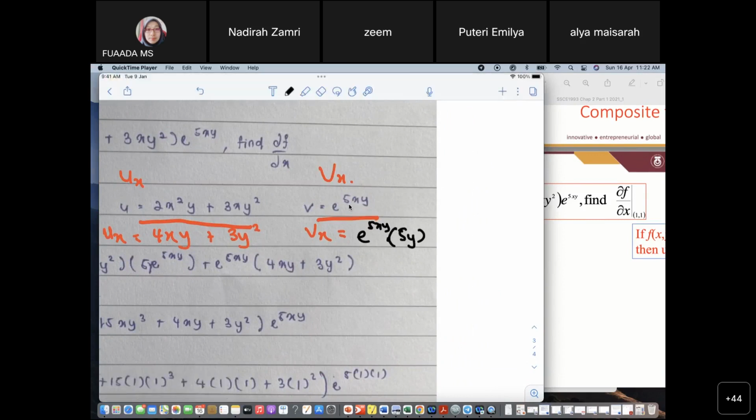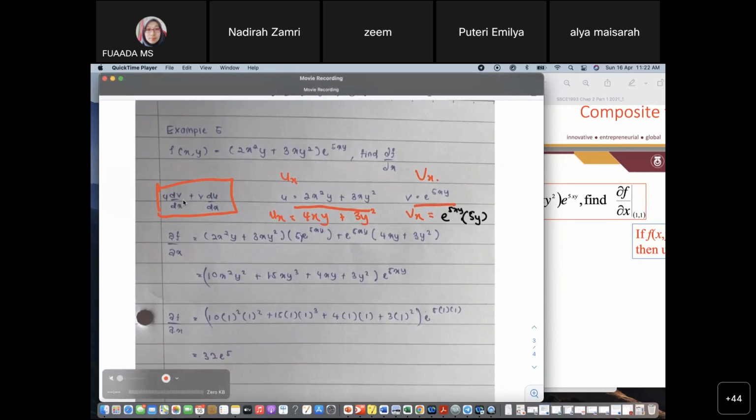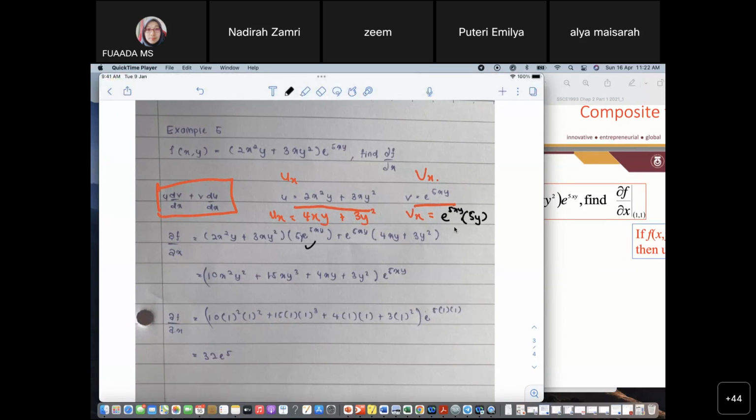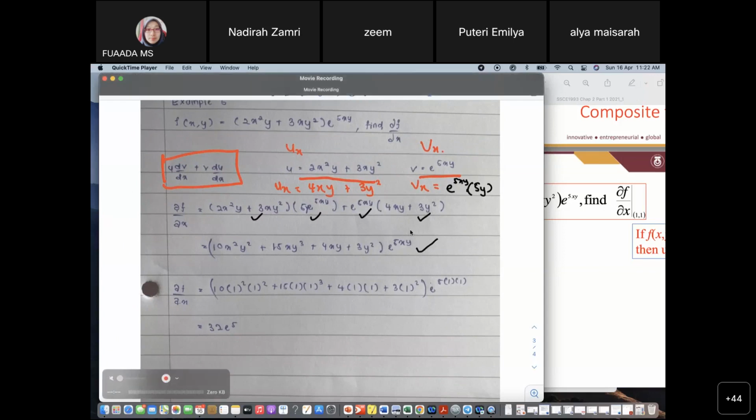So that is vx, and then we substitute based on the product rule here. So we have the u times the vx. So this is the vx. Okay, so this is from Azim, it's correct. And then v, just copy v, and then ux, so he got this.